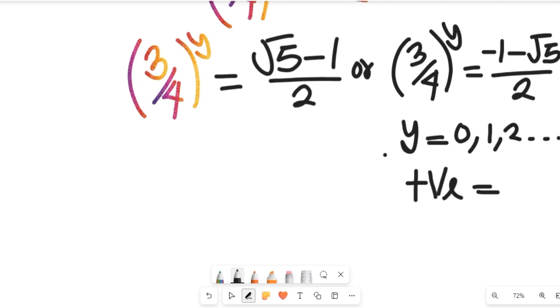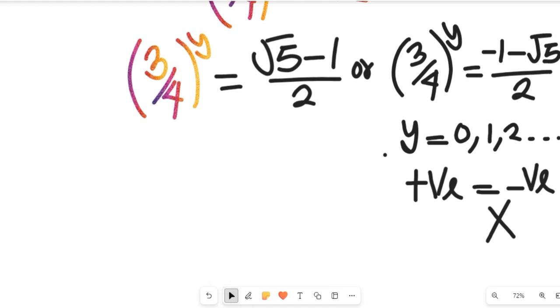But the right hand side will always be negative. So what does that tell us? Mathematically, negative is not equal to positive, and as a result of that, we are going to neglect this expression. The next solution we're going to consider is this one, to see how we find the value of y.